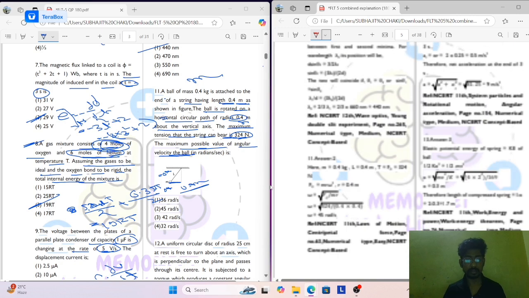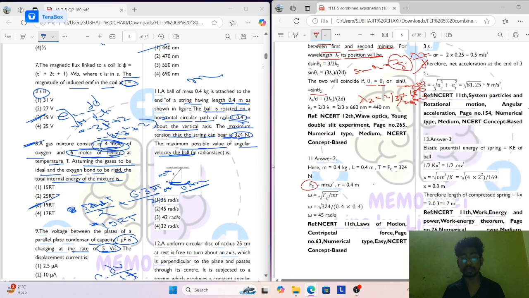Whenever this periodic motion comes, the force applied is the centripetal force. The formula is given by mv square by r or m omega square r, right? So omega square will be Fc by mr. So omega will be root over Fc by mr. Fc here is 324 Newton. M is 0.4, r is 0.4.